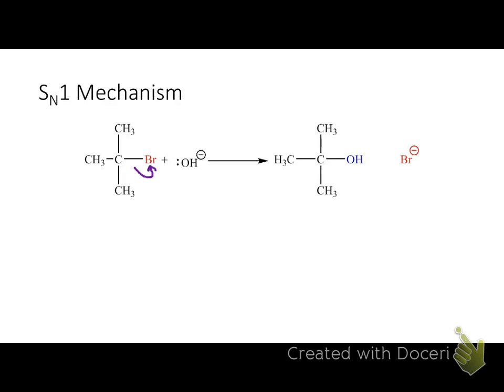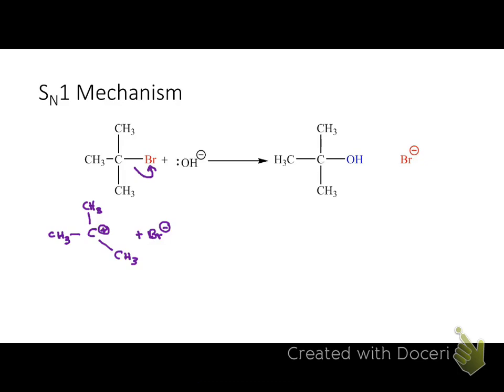And what you're going to form is this. Okay. So this is how we draw the mechanism. Like in SN2, it's one step, so it's one arrow in, one arrow out, and you have your product. Okay. There's an inversion and all that.